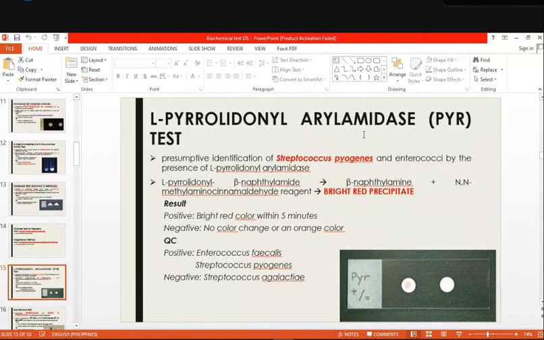Pag andito pala ako, hindi gumagana yung mga mic nila. O si Nides na lang. Huwag na daw si Brandon. Shane. Oxidase. PYR test.